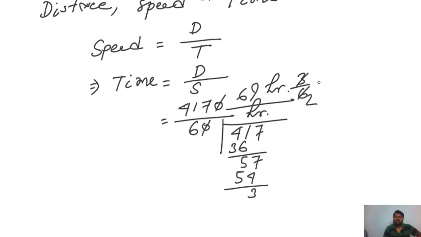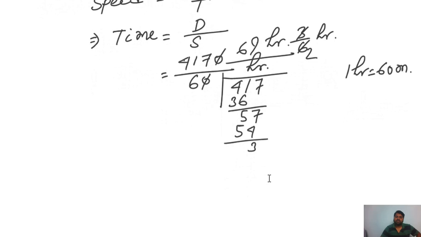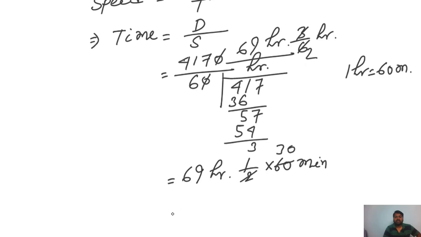We know that 1 hour equals 60 minutes, so we multiply half into 60 minutes and get 30 minutes.